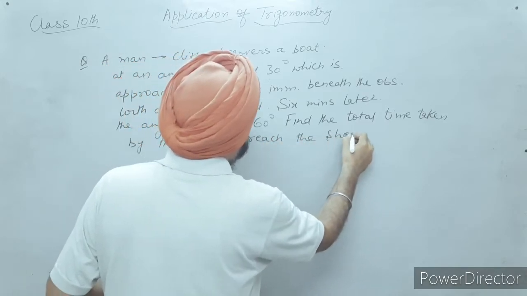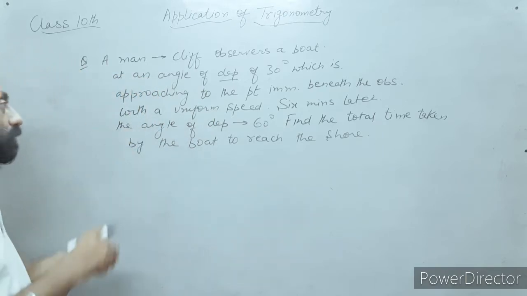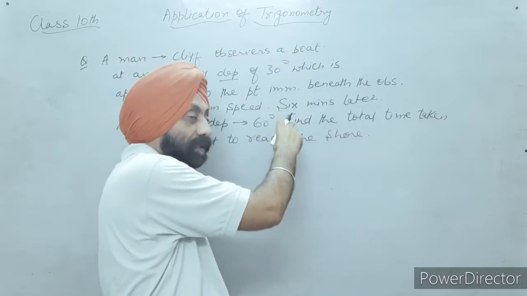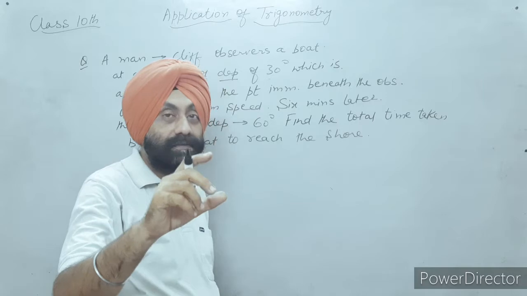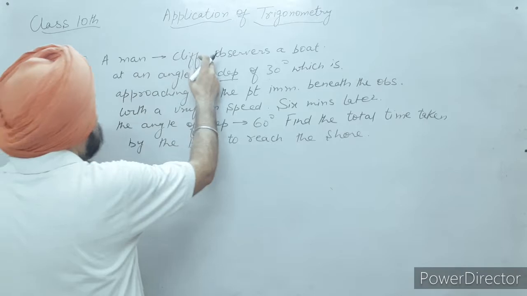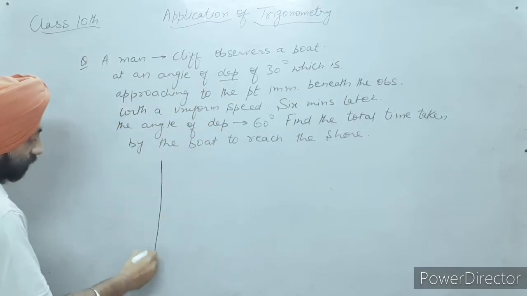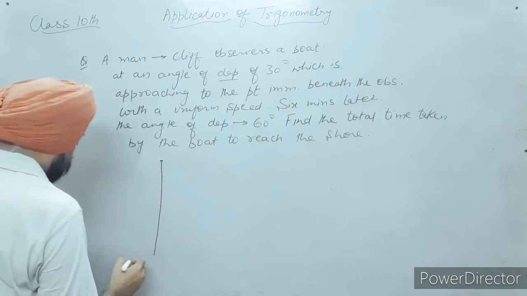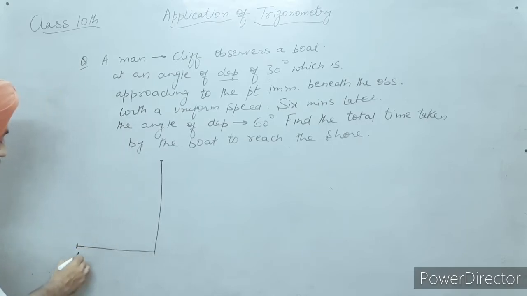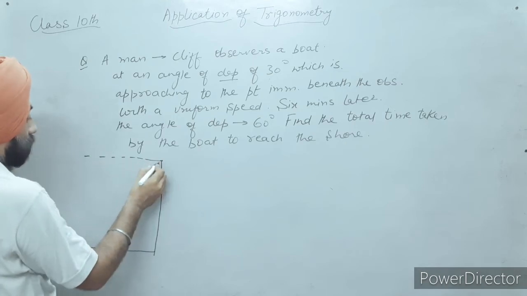Now, understand the question first. Try to change the mathematical language into a figure, which will help you to solve the problem. Now, a man is standing on a cliff. I will draw the figure here. He is standing over here. This is point A. This is his horizontal line.